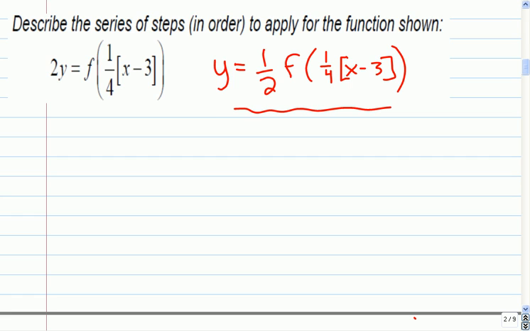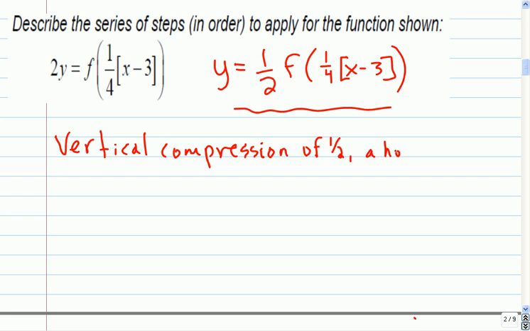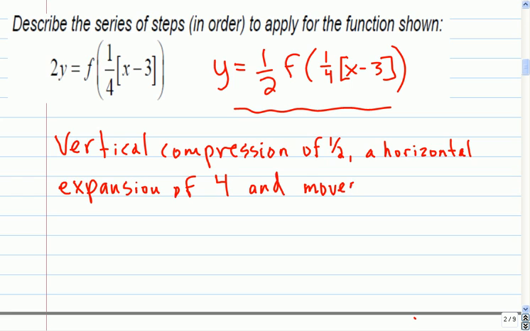If I was to say what's happened here, I could say that there has been a vertical compression of 1/2, a horizontal expansion of 4, and moved 3 units to the right.